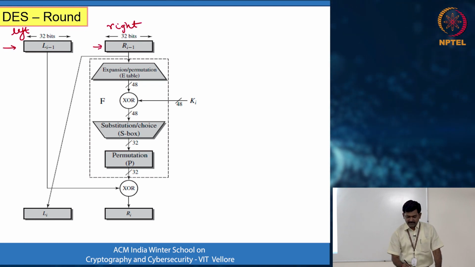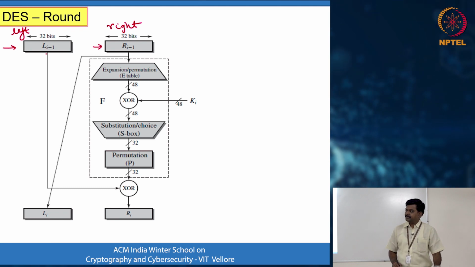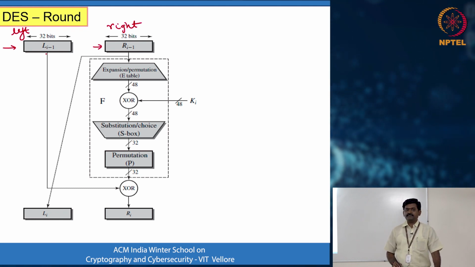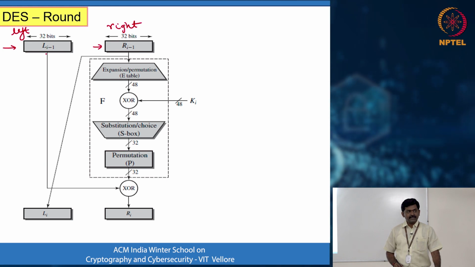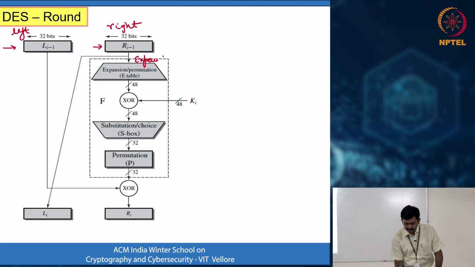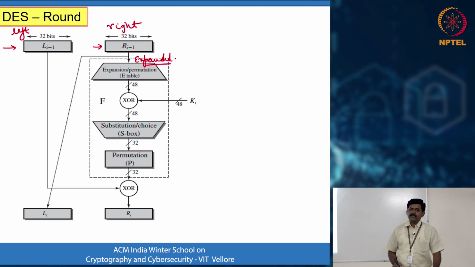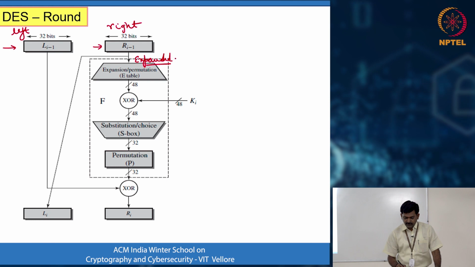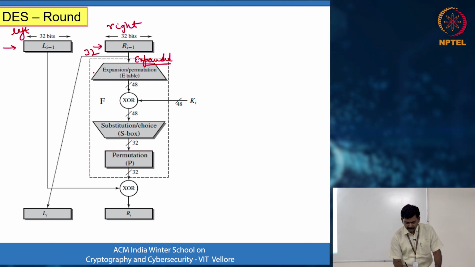Keep the left half of 32 bits as it is, then take the right half, and that right half gets expanded to 48 bits. So this is your 32 and this is your 48.